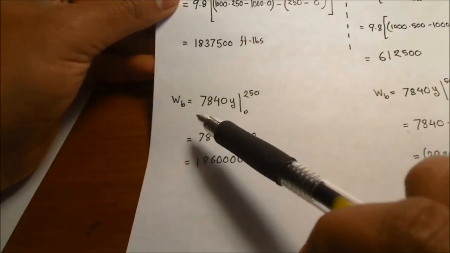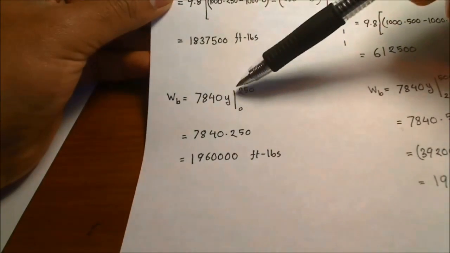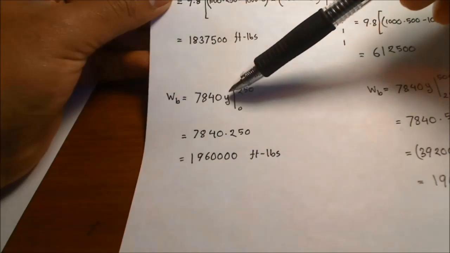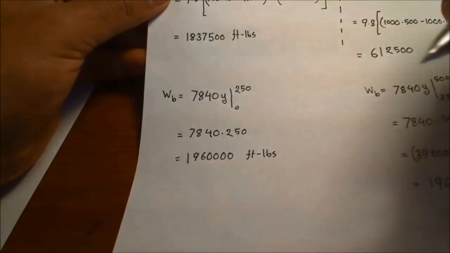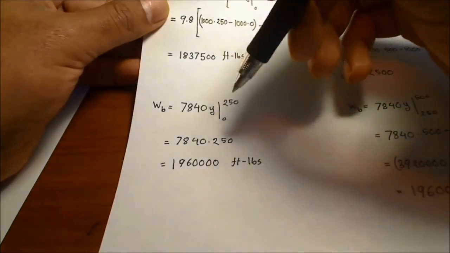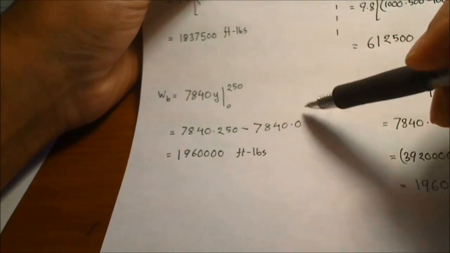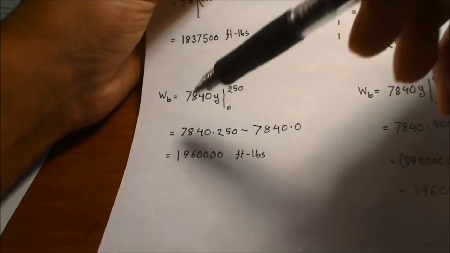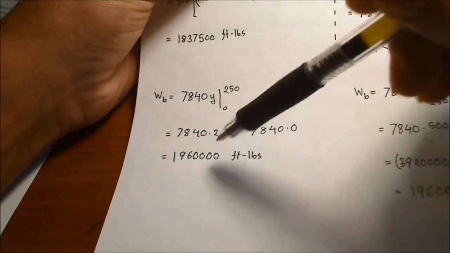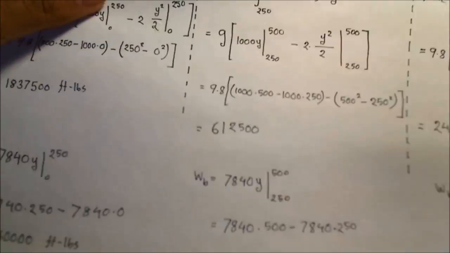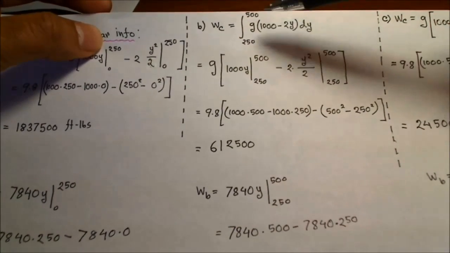For the WB, we did the same thing: 7,840 times y. We plug in the limit, which is going to be 0, so we're ignoring this, and then we get the answer for this too, in foot-pounds.